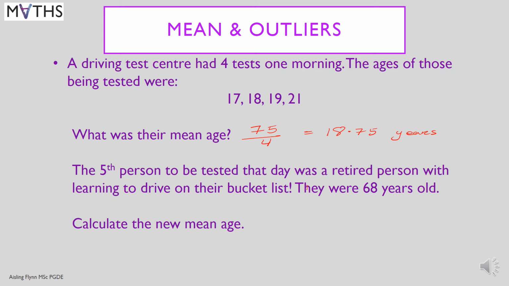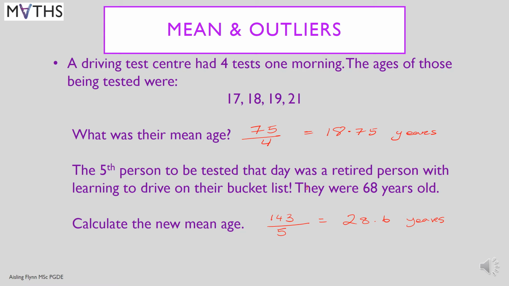When you add 17 plus 18 plus 19 plus 21 plus 68, you get 143, and now we have 5 people to divide by, and we get an average age of 28.6 years.